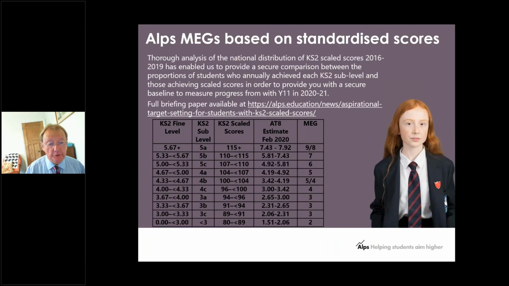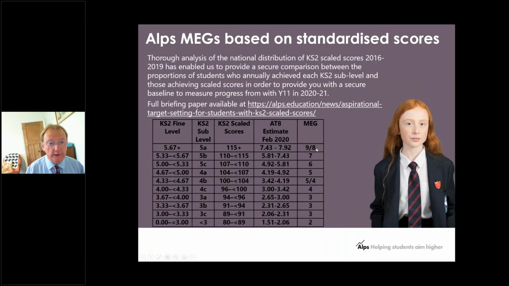Now, this is going to enable you to set MEGs, set personalised targets based on those MEGs, and challenge youngsters to really make outstanding progress in the year ahead. The MEGs are lined up in the final column, and I've also taken the liberty of including the latest estimates from February 2020, and clearly there are not going to be any new ones based on 2020 outcomes, to give you a good sense of how those line up against our MEGs.